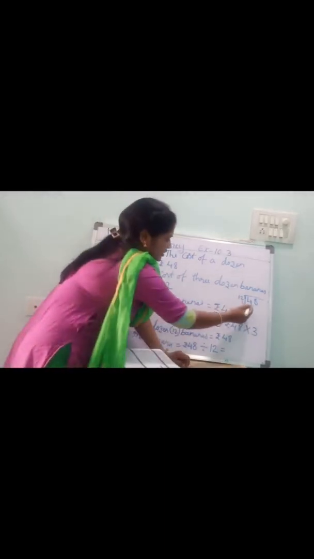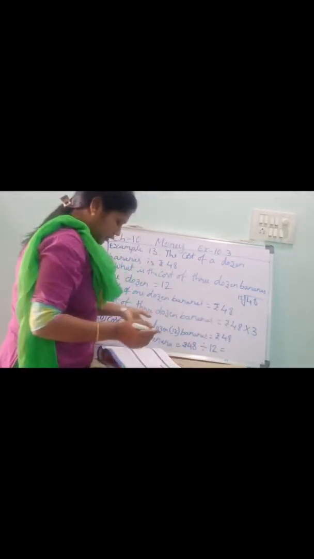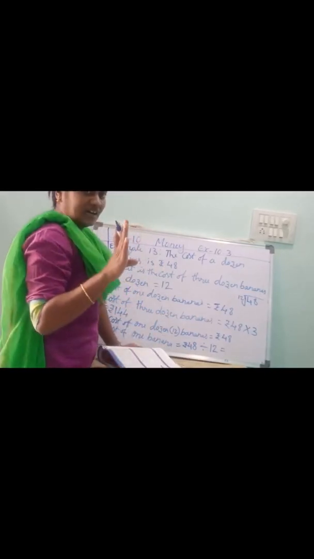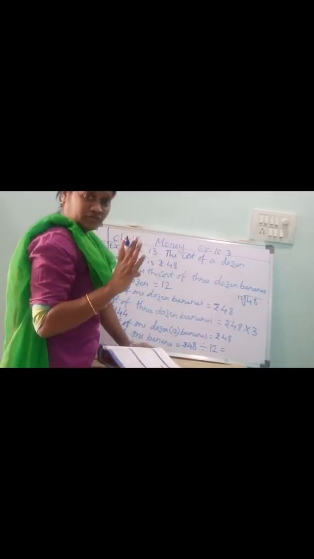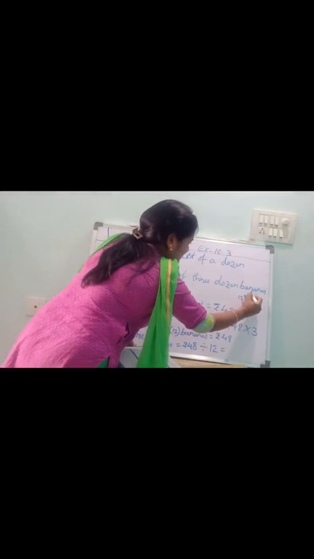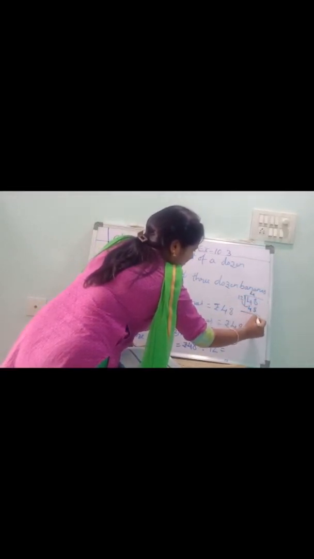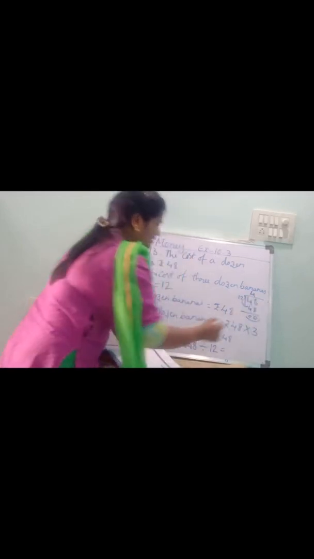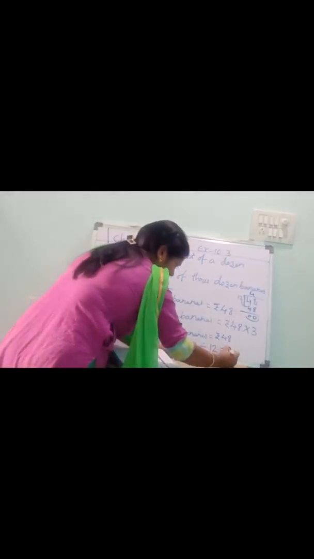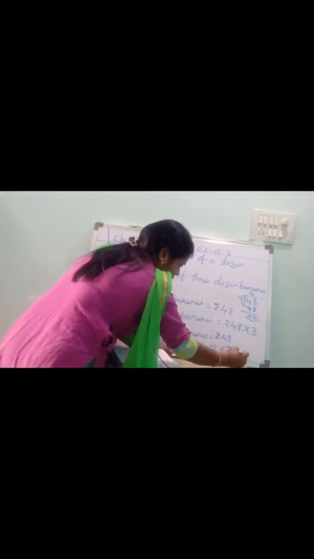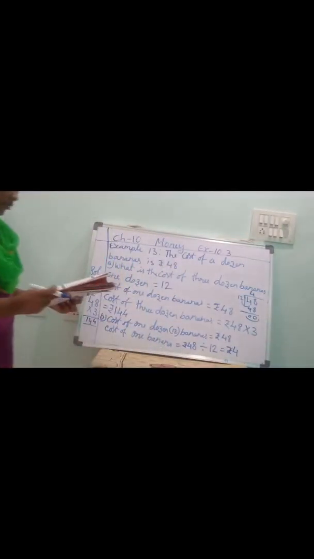That's why you should take 2 numbers. 12 4s are how much? 12 4s are 48. 48 minus 48, 0. What is the cost of 1 banana? Rupees 4. Rupees 4 is the cost of 1 banana. Understood, children?